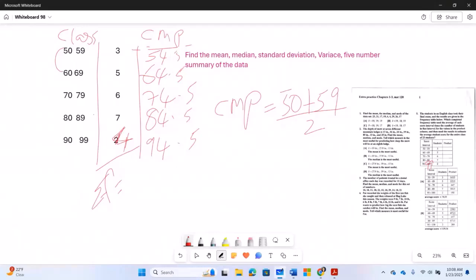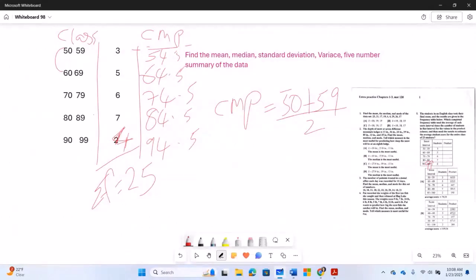So now we have 3 plus 5 is 8, plus 6 is 14. 14 plus 7 is 21. 21 plus 4 is 25. So the total frequency is 25. In other words, the number of students in that class is 25. And these are their grades after a test.